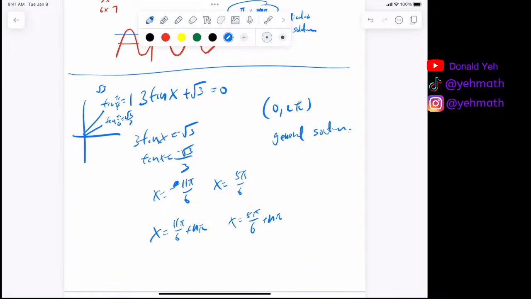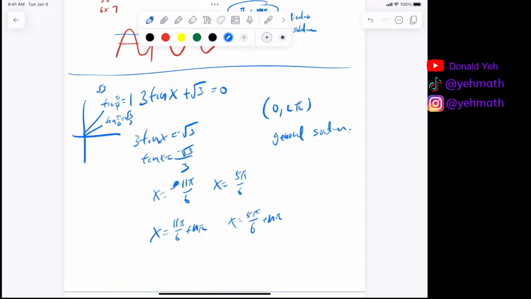Because if you add m pi it will cover everything, because you could subtract m pi as well. So they will cover everything. You want to start with the particular solutions, which are 11 pi over 6 and 5 pi over 6, and what you do is just add m pi to all of them. It should cover every solution that possibly can be. So that would be wrong?